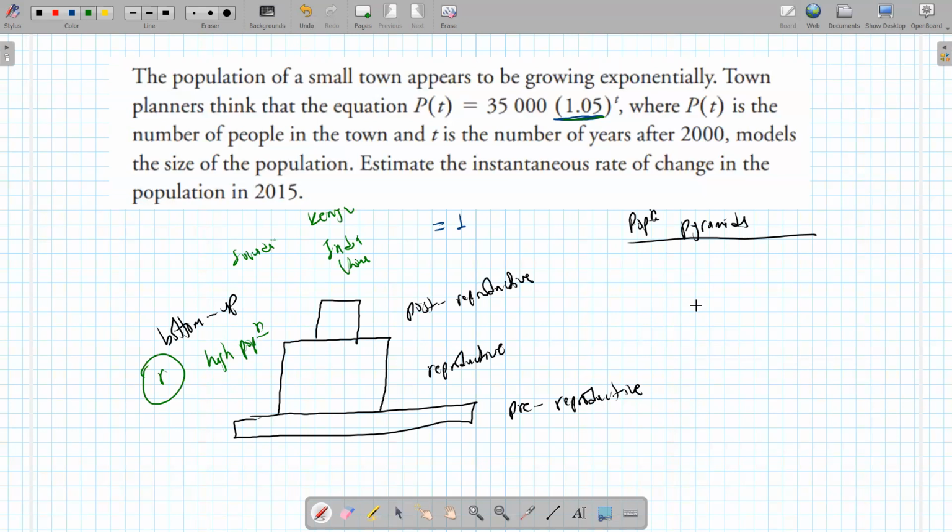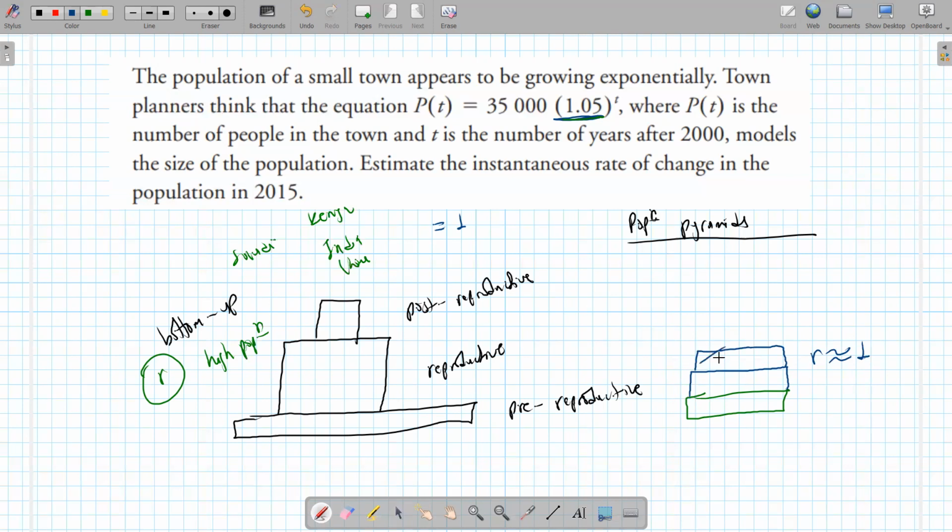But then you have countries like Canada, where the population pyramid looks something like this. So those are the children, and then you have a similar amount of reproductive population, and then maybe slightly less. It's almost the same, actually. So here R is almost 1.